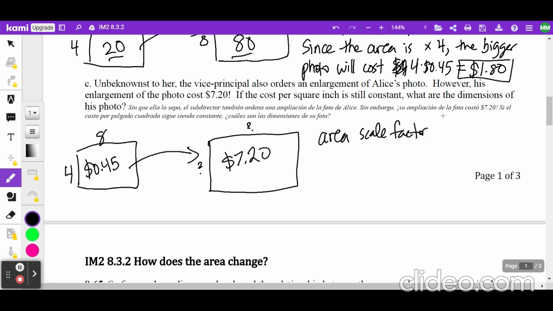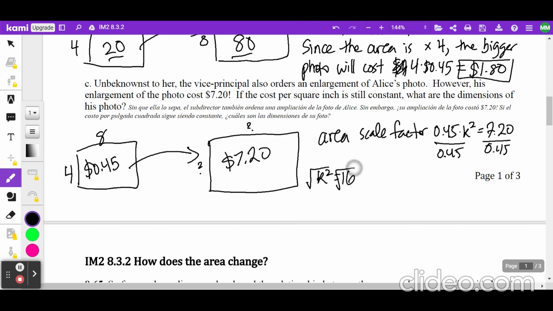So the area scale factor, which I'll call k squared: 0.45 times k squared equals $7.20. I divide both sides by 0.45, and I get k squared is, let me do that on my calculator, 720 divided by 0.45 is 16.